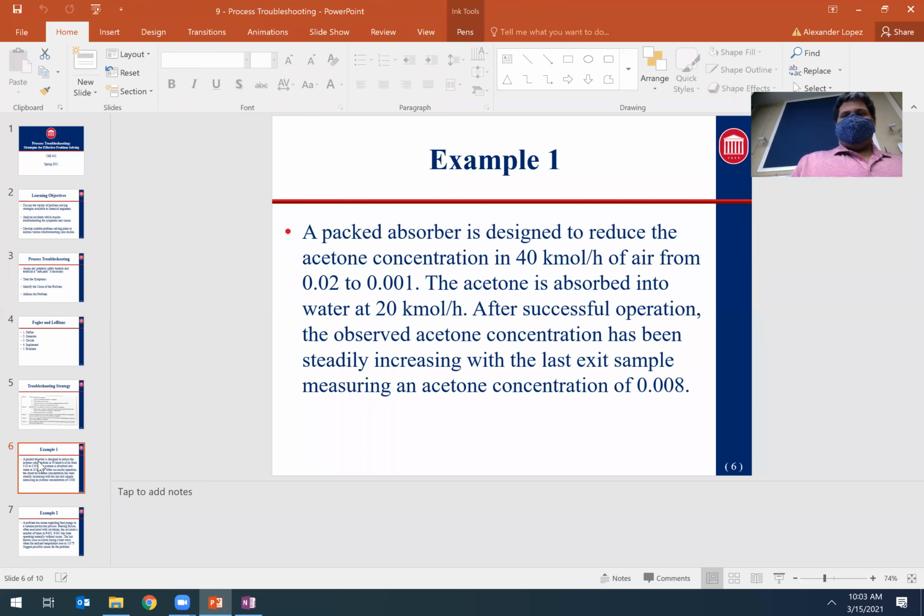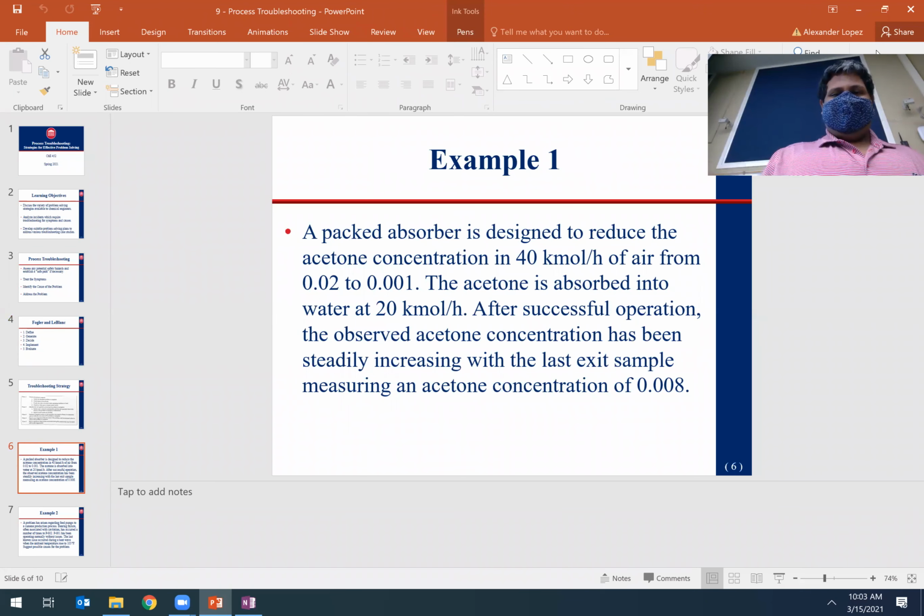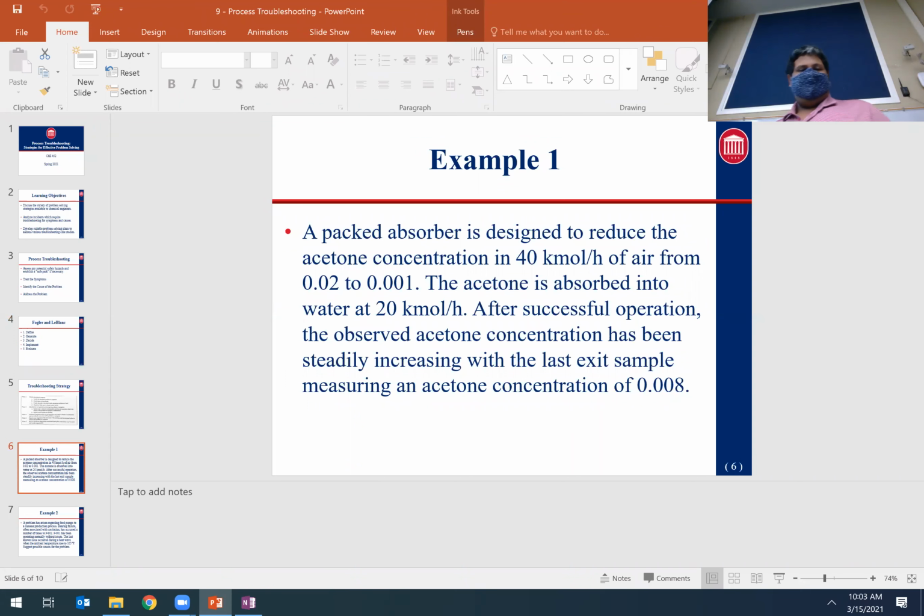So I think this is kind of where we ended up, looking at this absorber system, reducing an acetone concentration from 0.02 to 0.01. But then you notice over time that the acetone concentration is increasing by 0.008.